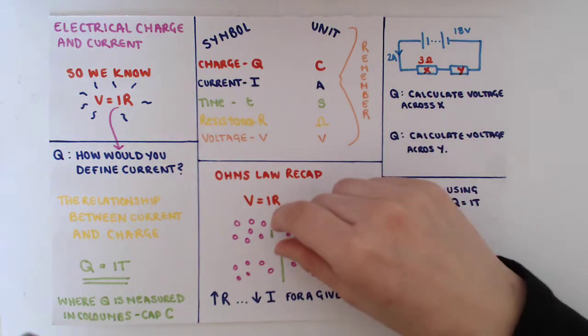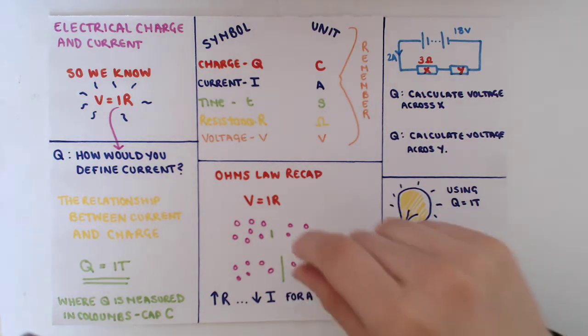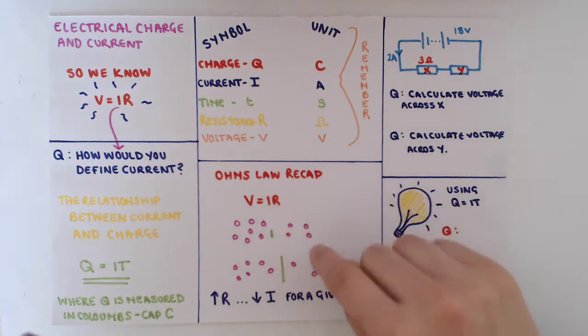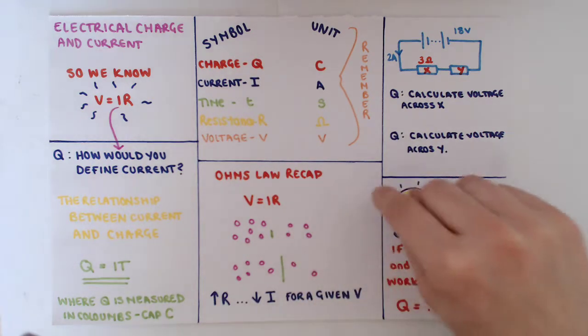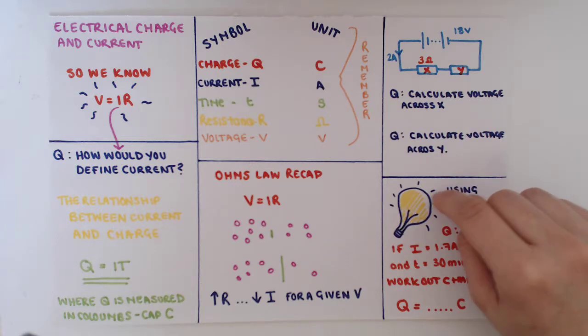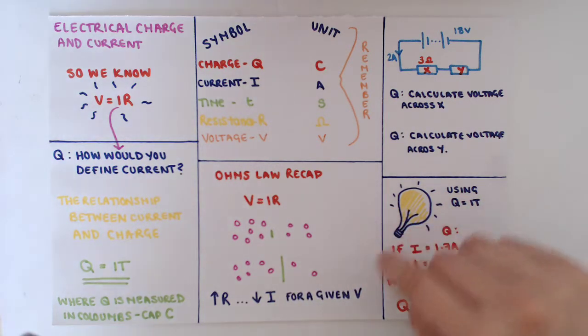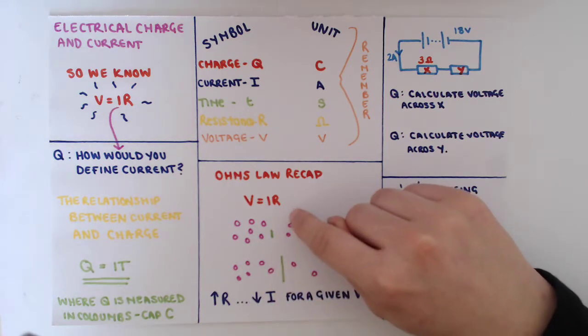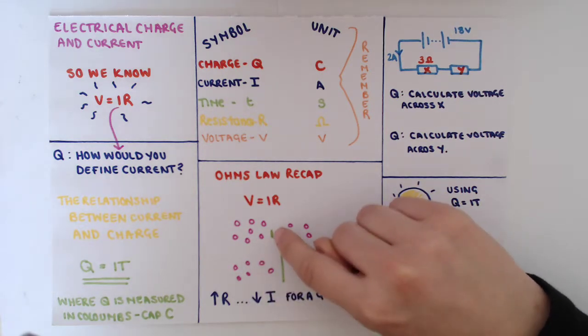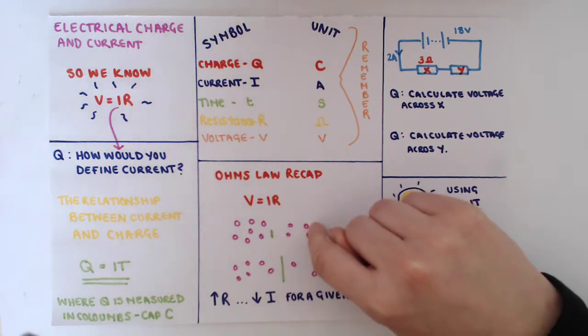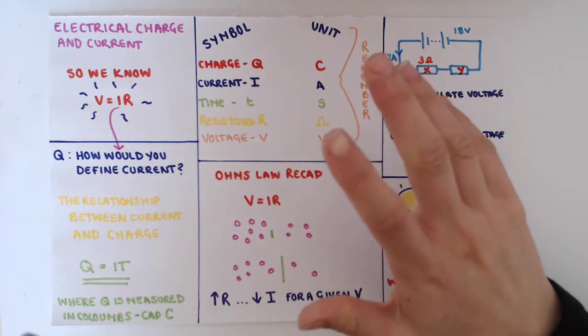If your green bar is small, implying your resistance is small, you're going to have quite a lot of current flowing through. But if your resistance is big, you're not going to have a lot of current flowing through. So if the resistance is big, you have a smaller current, but if your resistance is small, you have a big current. Hopefully that makes sense.